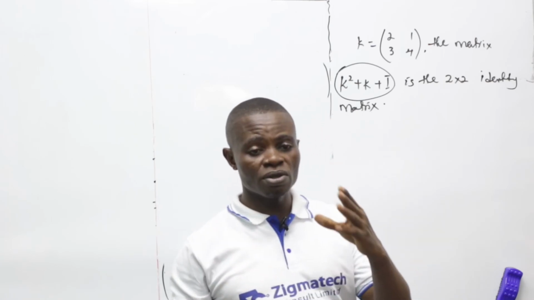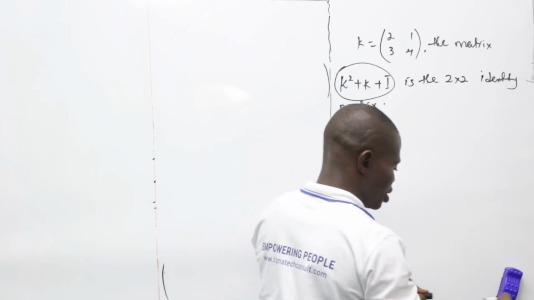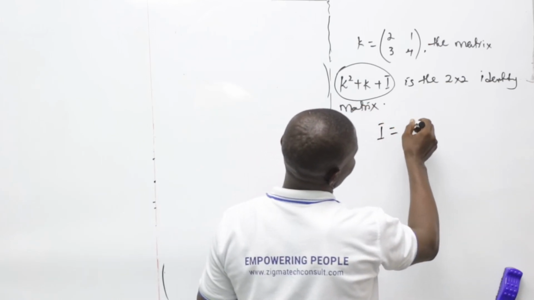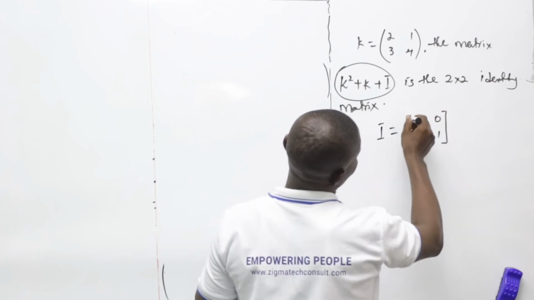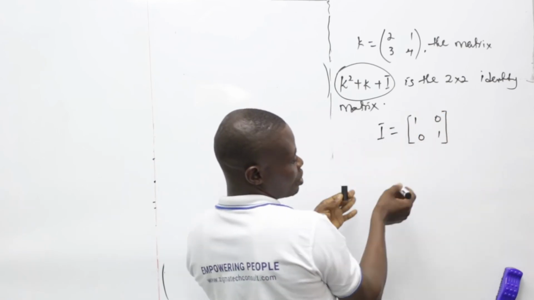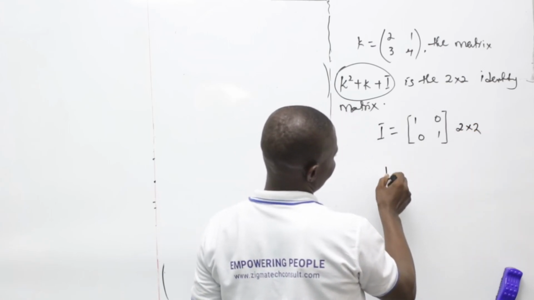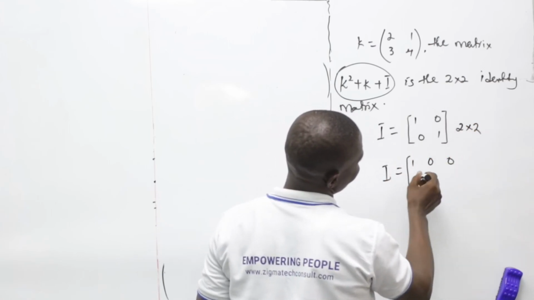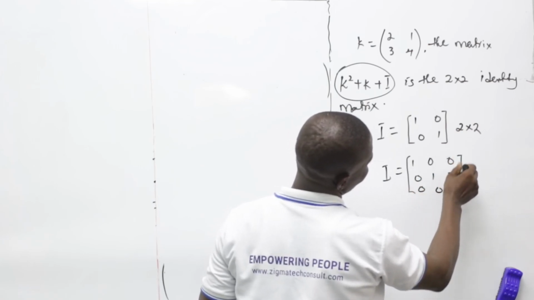Now, first of all, you must know what is called the identity matrix. If it's 2 by 2, look at it, I equals 1, 0, 0, 1. This is the 2 by 2 identity matrix. If it's 3 by 3, I equals 1, 0, 0, 0, 1, 0, 0, 0, 1.